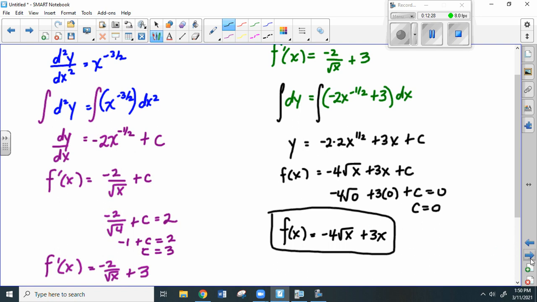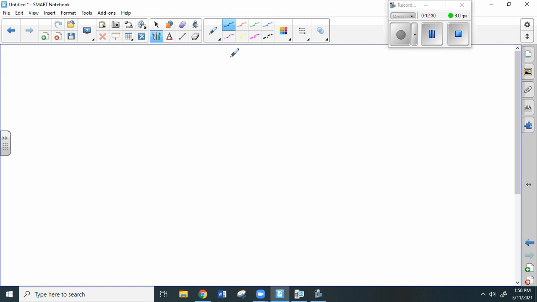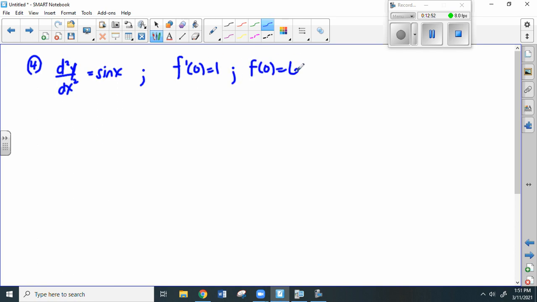All right, now I want to do one with trig as a good refresher. So let's take a look at, I'm going to give you that the second derivative is equal to sine of x. And I'm going to tell you f prime of 0 equals 1 and f of 0 equals 6.